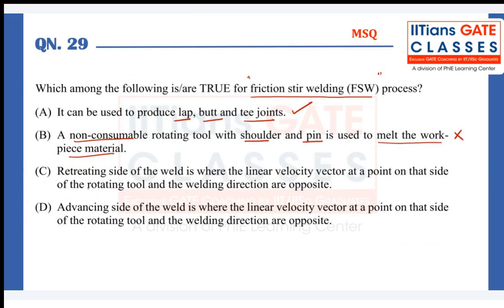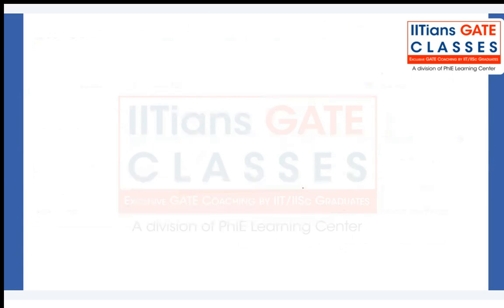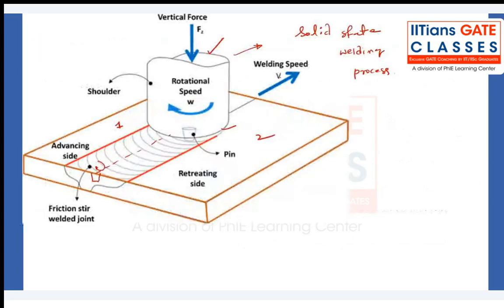Next, the retracting side of the weld, where the linear velocity vector at a point on the side of the rotating tool and the welding direction are opposite. No, right? Here the linear velocity vector and welding direction are both the same. Welding direction means the weld is formed in this direction, and the tool moves in the same direction.